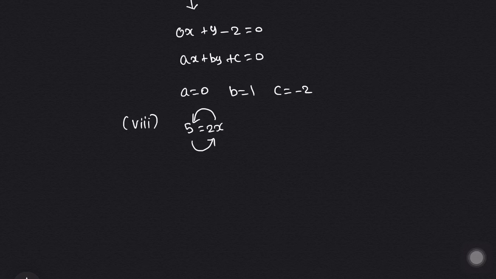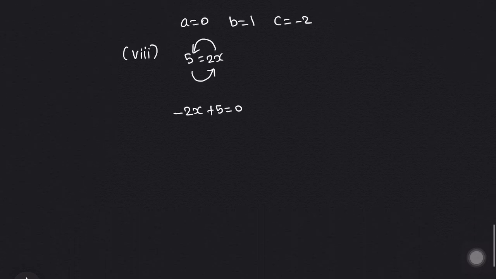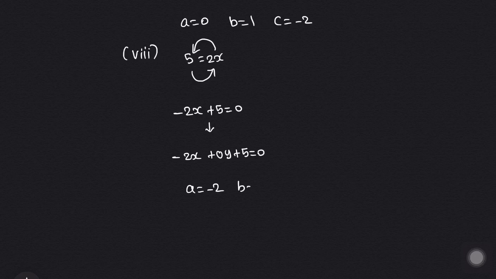First, this term moves to the left side: -2x + 5 = 0. There is no y value, so -2x + 0y + 5 = 0. Now the value of a = -2, b = 0 and c = +5.